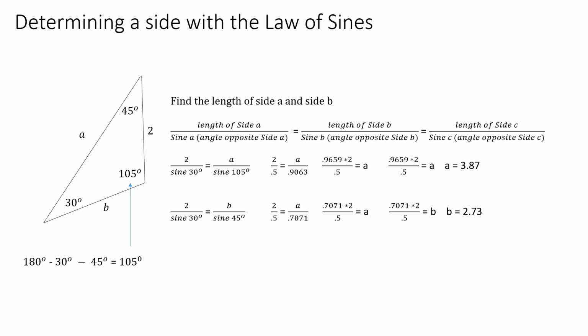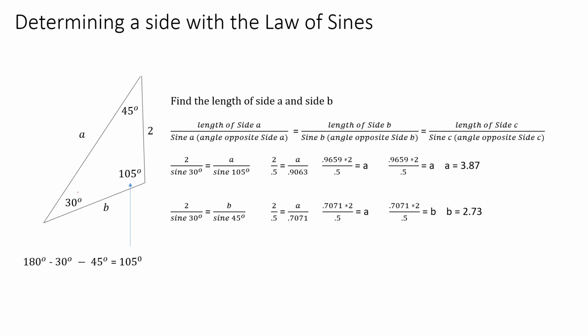Let's look at one on here. I know the angles of 30 degrees and 45 degrees. And since there are 180 degrees in the triangle, the remaining one is 105. So we know two angles and one side, 2, which is opposite of 30 degrees.